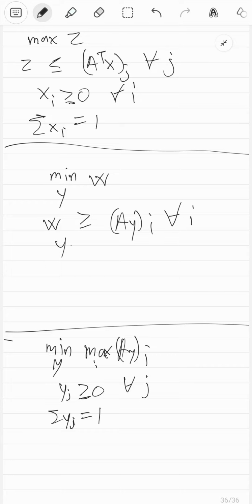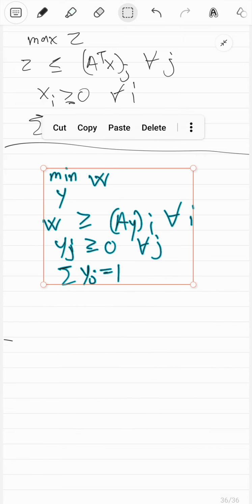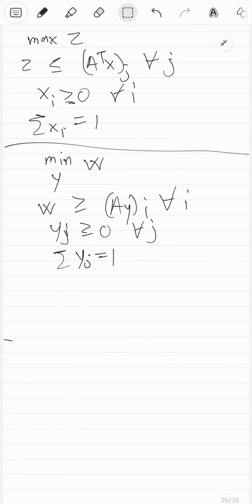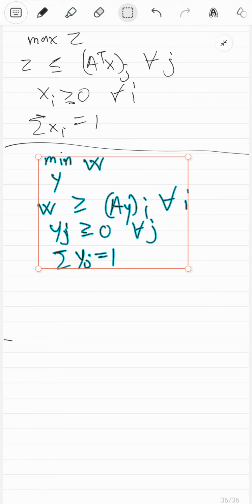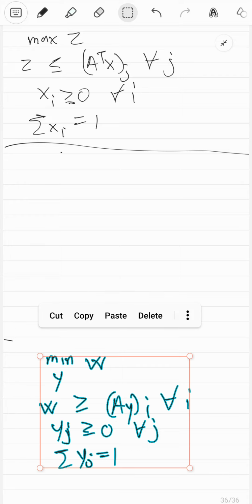At the same time, you also have these other constraints: y sub j is bigger than or equal to 0 for all j, and summation of y sub j is equal to 1. All right. So these are our problems. Now we want to transform the upper problem into the lower problem. That's our goal.